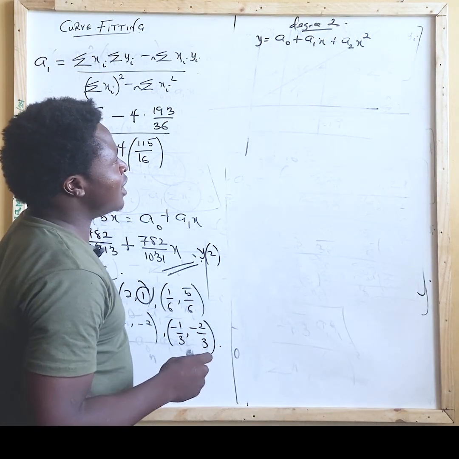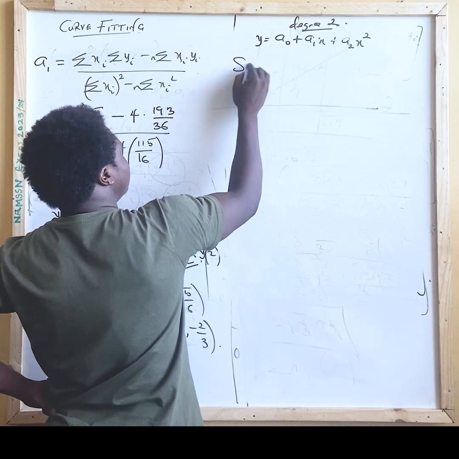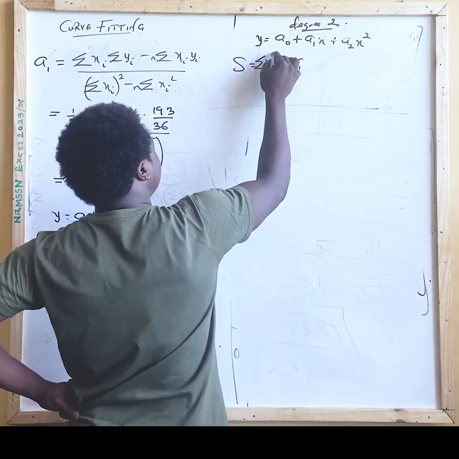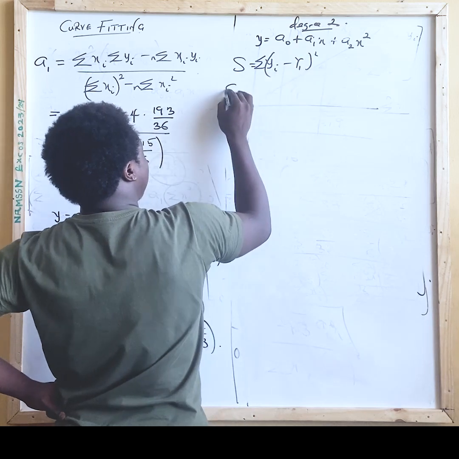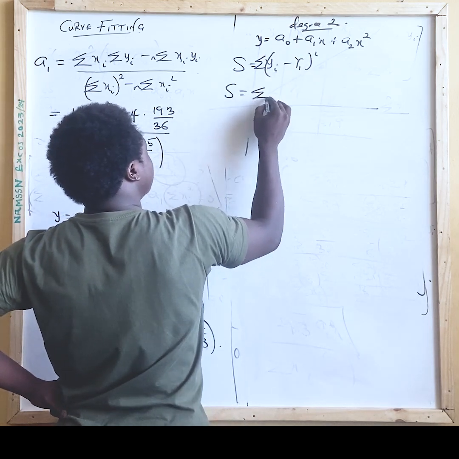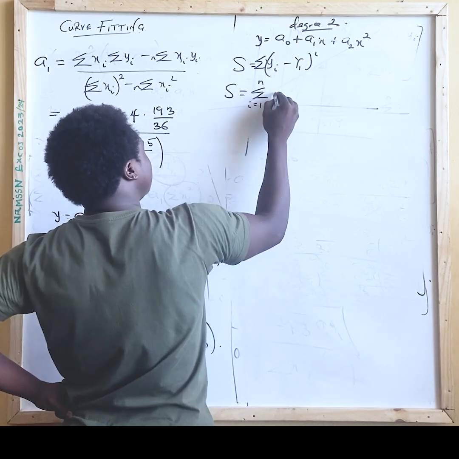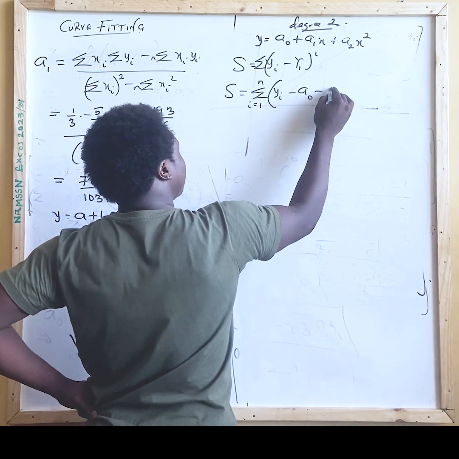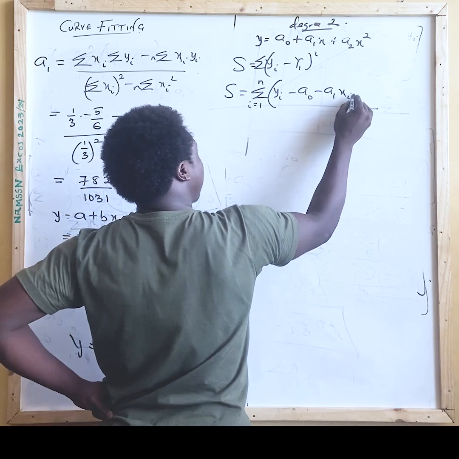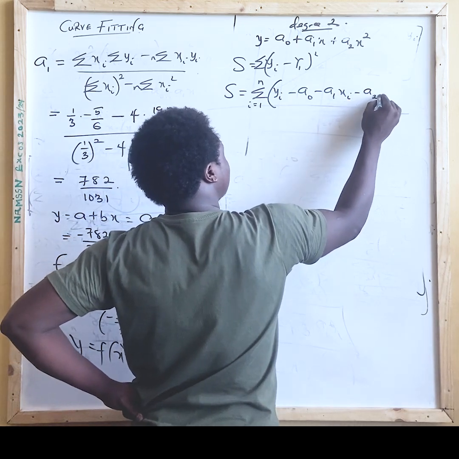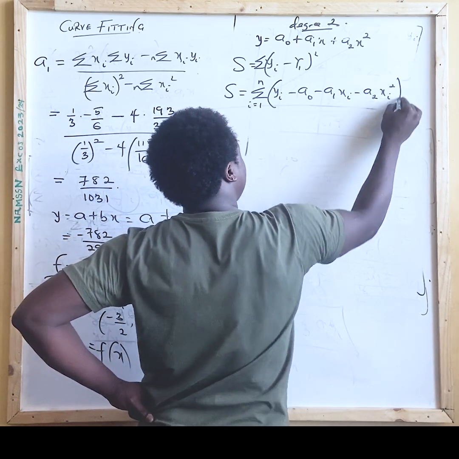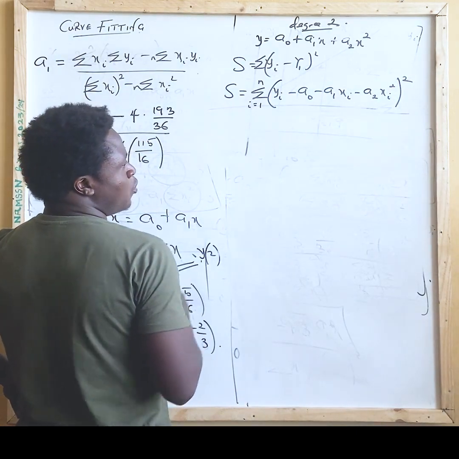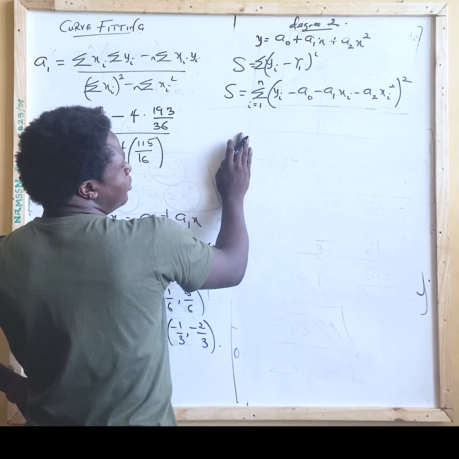Again, we said our residue is the summation of yi minus yi-hat, all squared. So our residue should be summation i from 1 to n of (yi minus a0 minus a1 xi minus a2 xi squared) all squared.